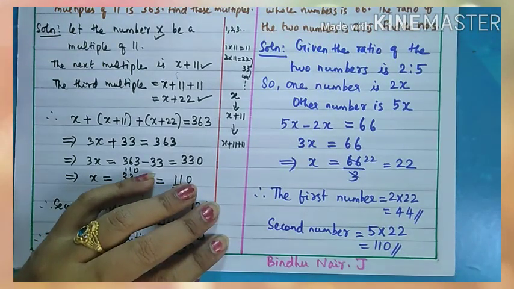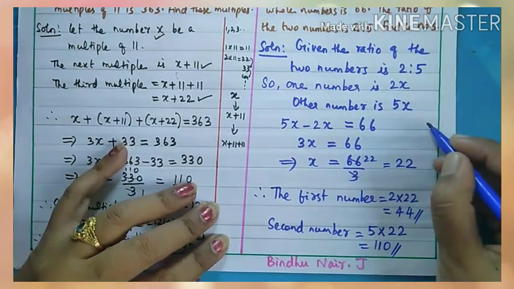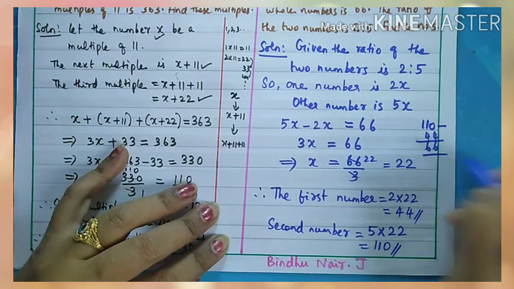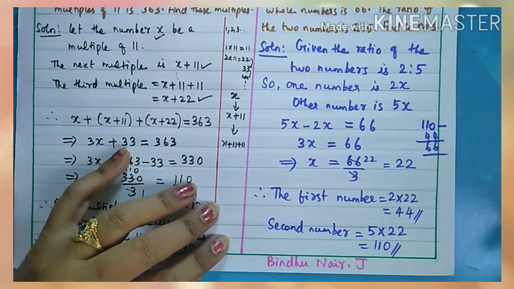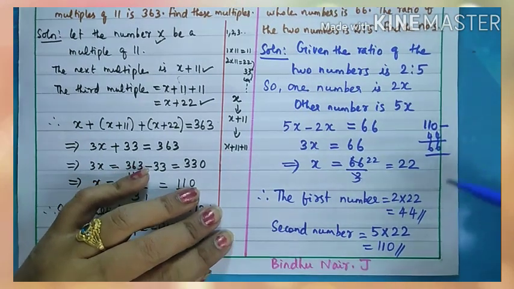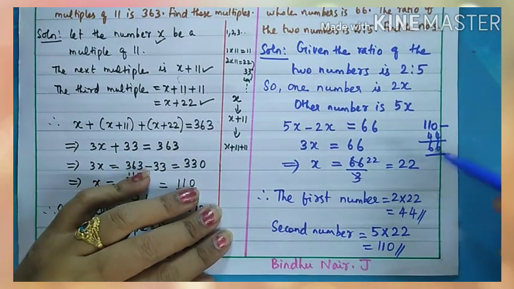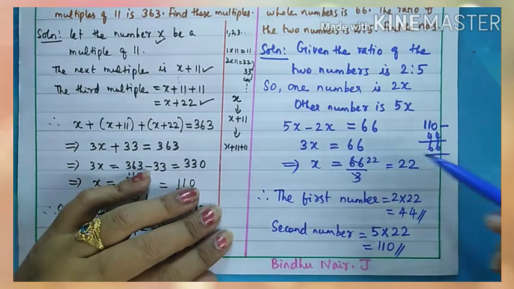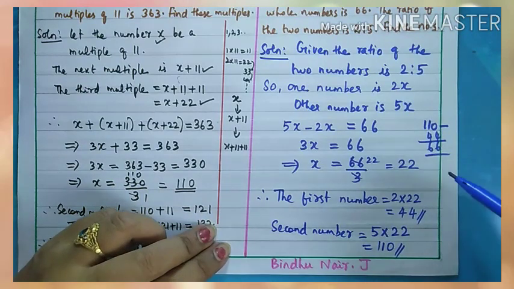You see the difference, just 110 minus 44. What is the answer? 66. So our answer is correct. So if you have any doubt whether your answer is correct or wrong, you just put the answers in the given relation. In that way we can confirm our answer.